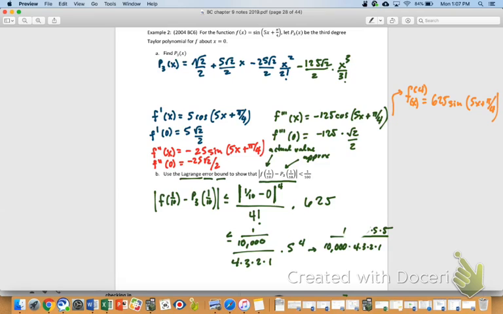How about 5? 5 would cancel with 10,000 to be 2,000. And wouldn't this 5 cancel with the 2,000 to be 400? Wouldn't this 5 cancel with the 400 to be 80? And then finally, this 5 would cancel with the 80 to be 16.